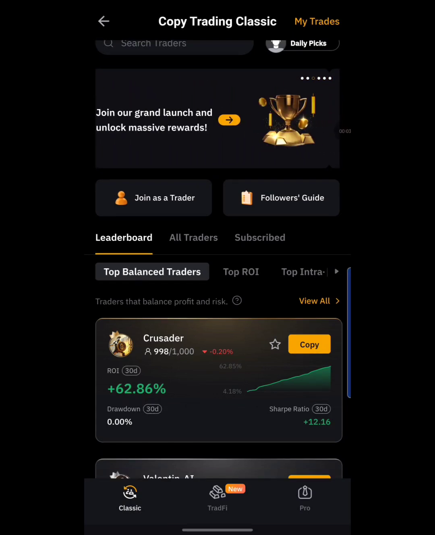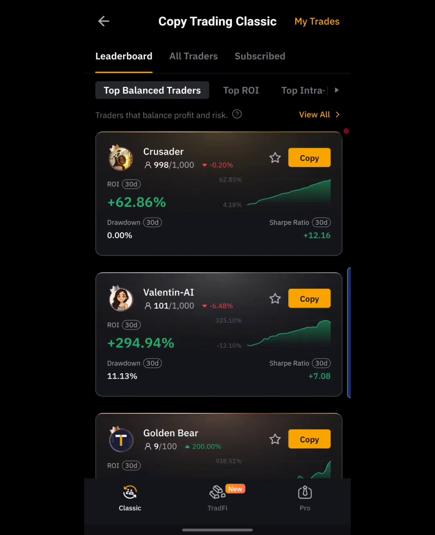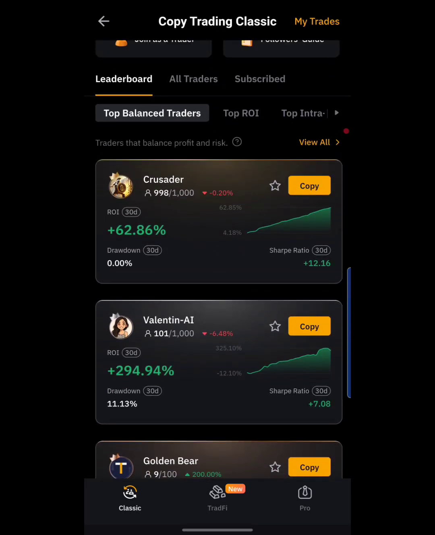So guys, the top balance traders are traders that balance profit and risk. As you can see down below here are the top balance traders. Over here it says that the drawdown for 30 days for this trader called Crusader is 0.00%. This actually means that this trader has had no loss within the last 30 days. So this is actually amazing. As you can see, this is the 30 days ROI, which is the return on investment.